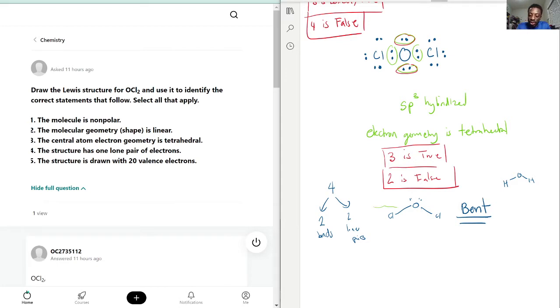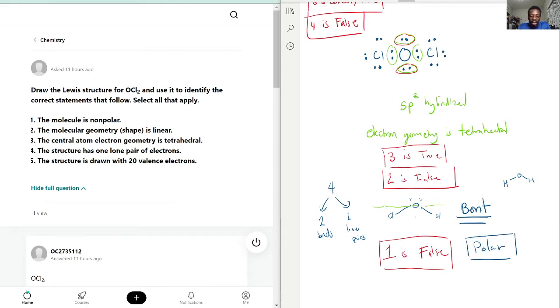You have one side here that's the chlorines and one side here that's the lone pairs. It's not an even distribution. The molecule is going to move either up and down based on which one is a stronger pull. Because of that, there is a directional pull of it, we can no longer say that the molecule is nonpolar, because nonpolar molecules are equally balanced in all directions, which this is not. So with that being said, 1 is false, okay? Because this molecule is indeed polar.